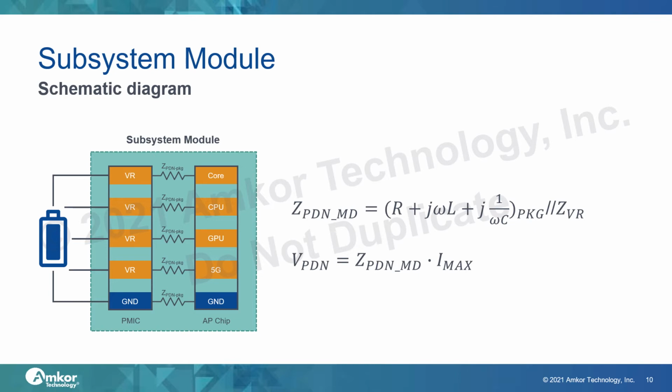The total impedance GPDN MD is regarded as GPDN package, and it is connected from voltage regulator to die bumps, and its return path is from die bump to PMIC ground pin. In the subsystem module model, the impedance of the series RLC circuit and DC IR drop of each power level can be determined by this equation.